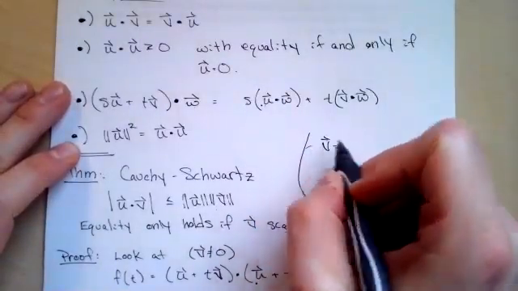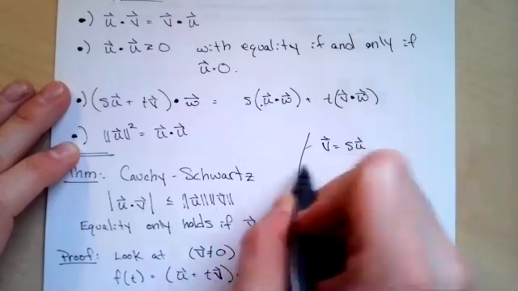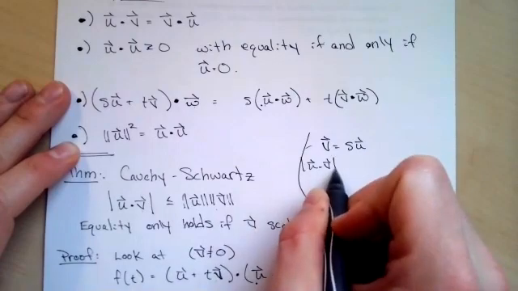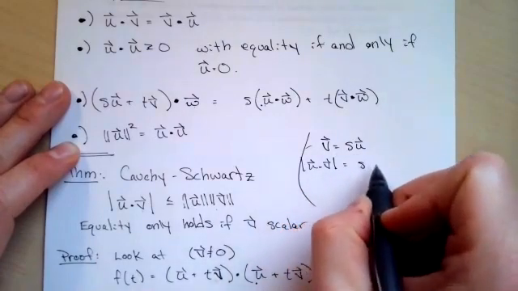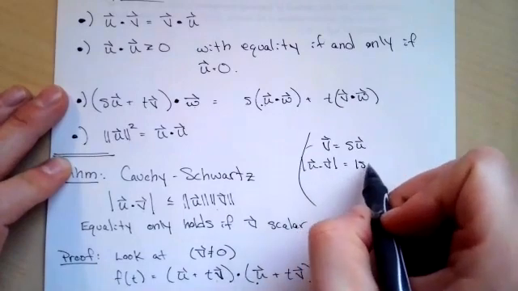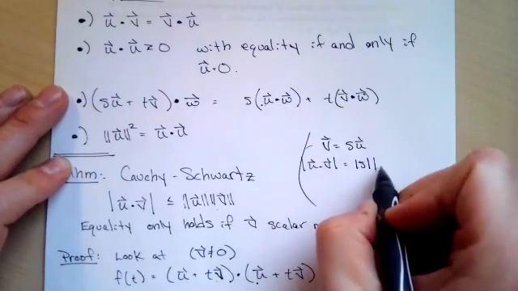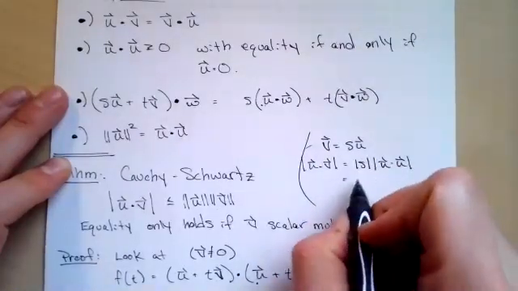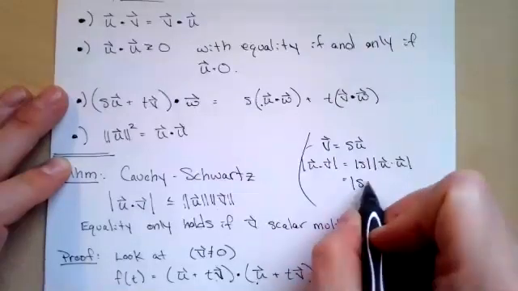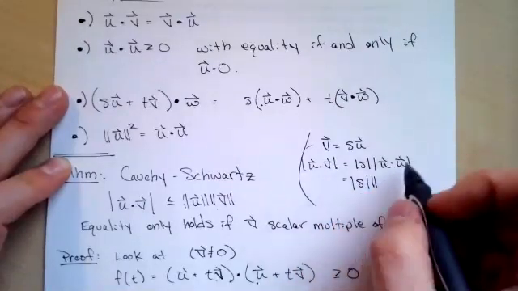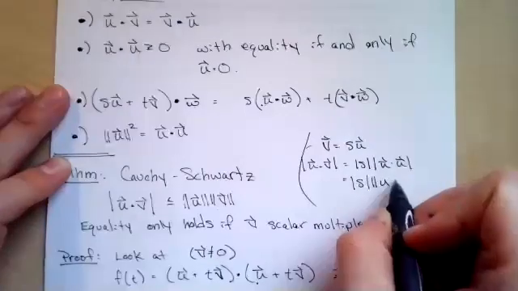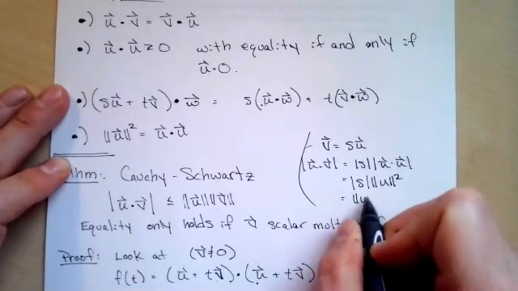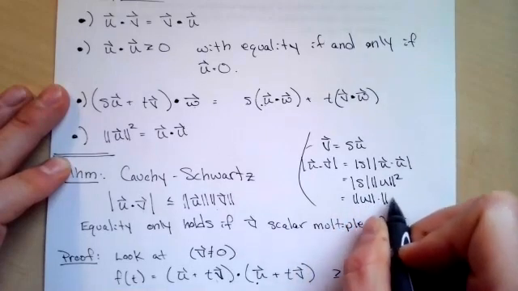If v is just s times u, then I know that u dot v is going to be s times u dot u, which is s times the norm squared of u, which we could write as norm of u times the norm of s times u.